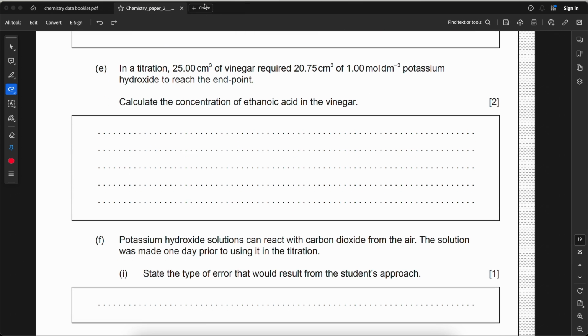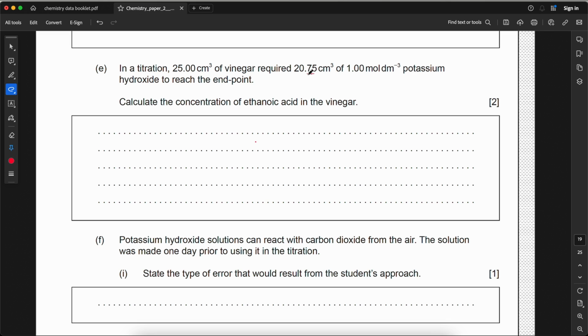In a titration, 25 centimeter cube of vinegar required 20.75 centimeter cube of 1 molar potassium hydroxide to reach the end point. Calculate the concentration of ethanoic acid in vinegar.